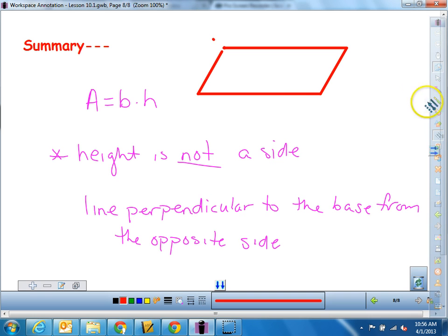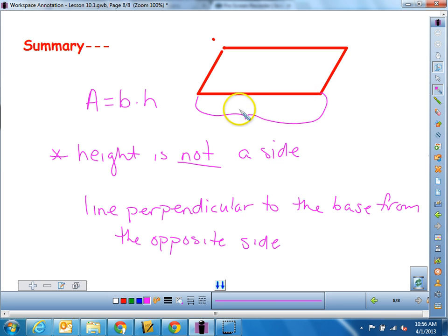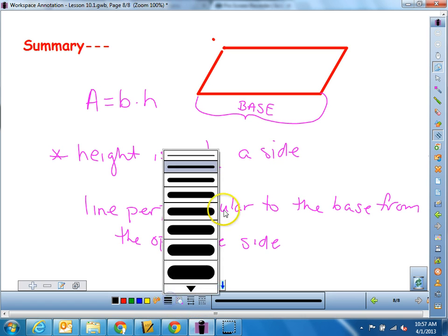So if this is my parallelogram, right here, this part I'm going to say is my base. And if this is my base, is this going to be my height? Nope. I need to drop a line again. I'll change my color here. I'll even make it a little thinner here for us.